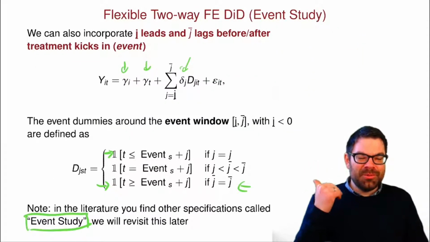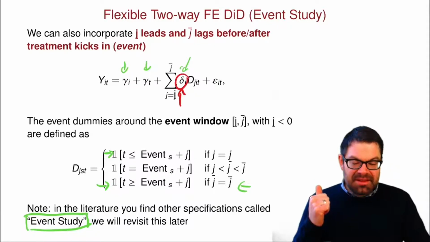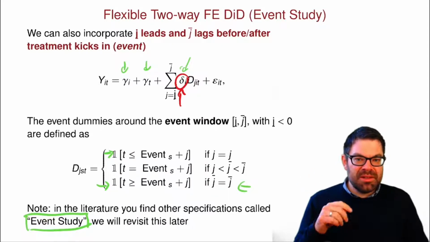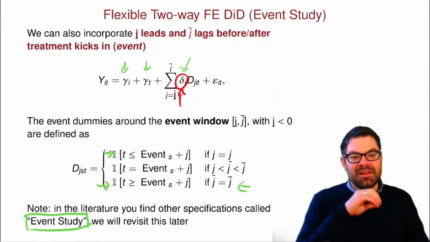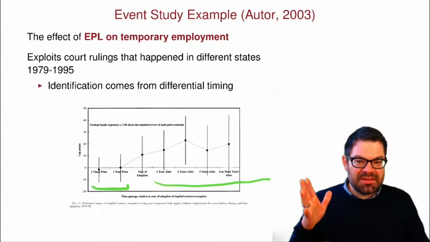And so basically what we see then is we see the plots of the point estimates and standard errors of those coefficients, right? And so he has 2 pre-periods and I believe 3 or 4 post-periods. So that's what you can see here.